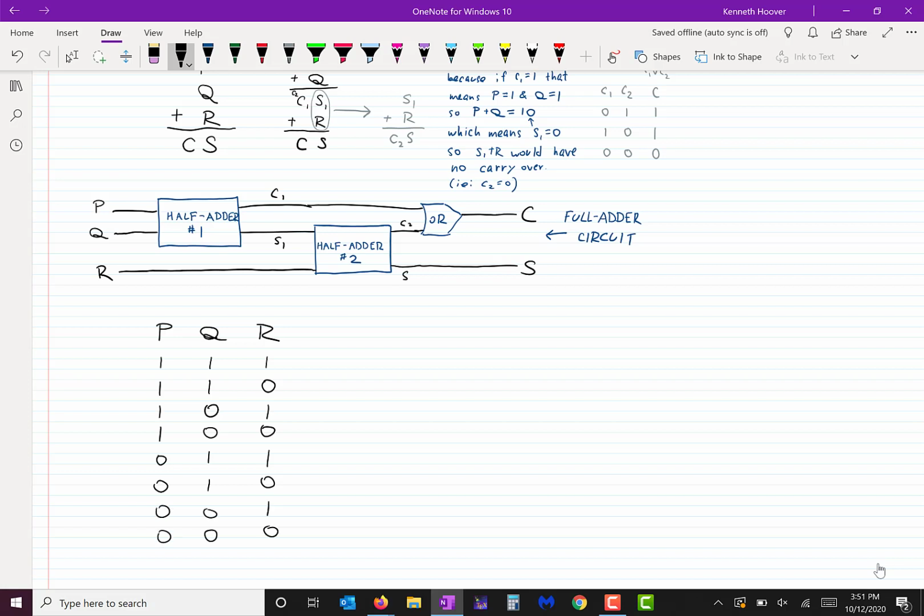There's 8 possibilities. Let's write down what their sum should be. 1 plus 1 plus 1 is 3.